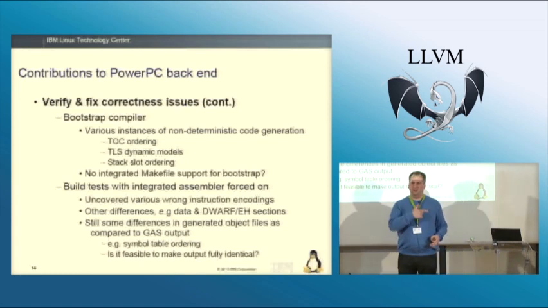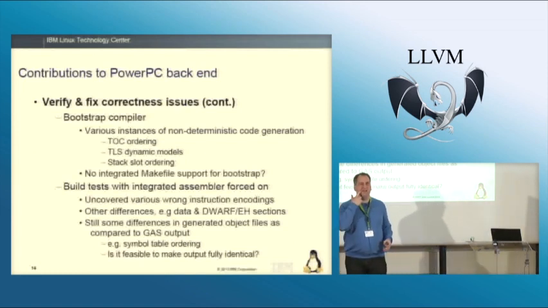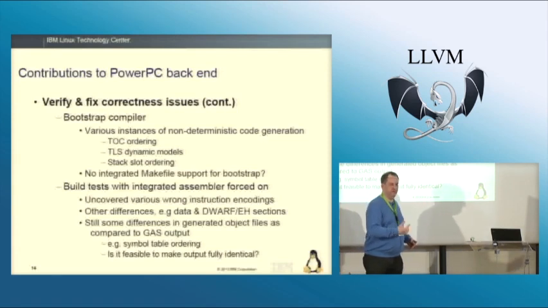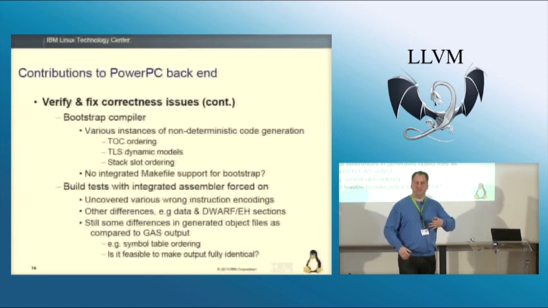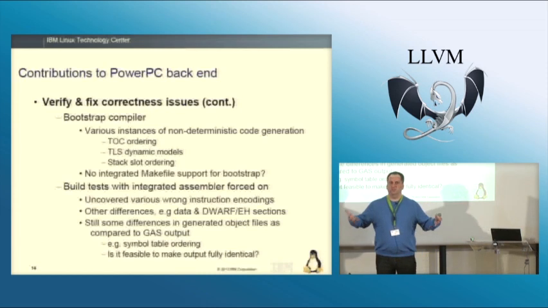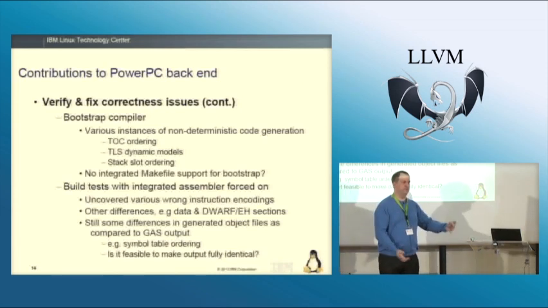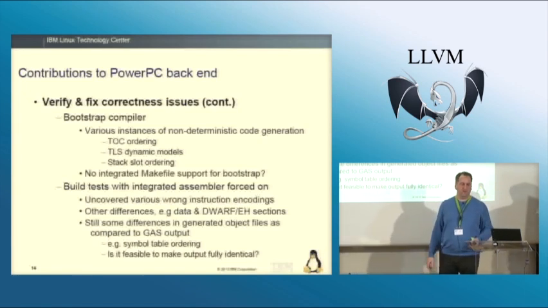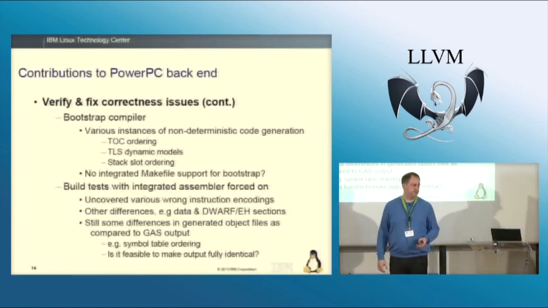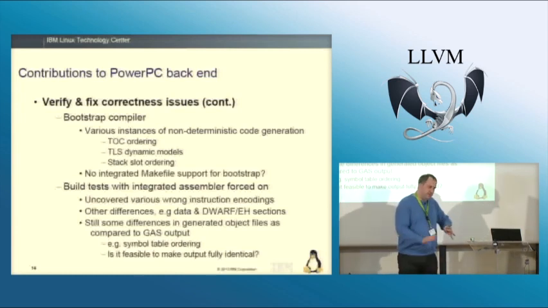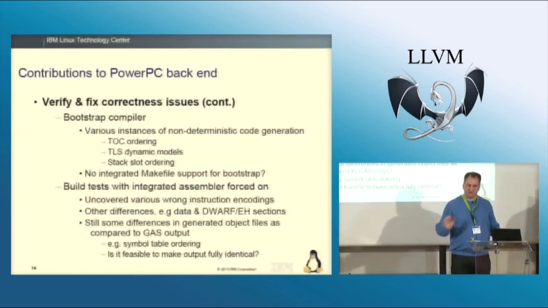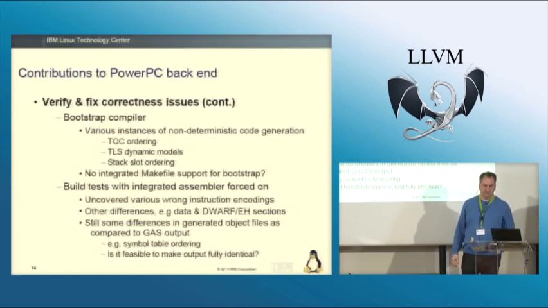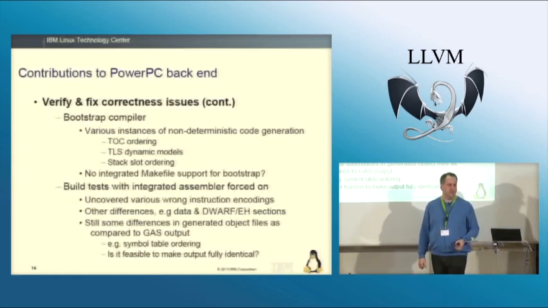Not unusual, and in this particular case we didn't actually find any real code generation bugs, but we found non-deterministic effects of code generation, where both stage 2 and stage 3 were functioning correctly but were just different, because some random ordering decisions were made in a non-deterministic fashion, some in the PowerPC backend and some also in the middle end. But that's fixed now, and we have a good bootstrap: stage 2 and stage 3 identical.